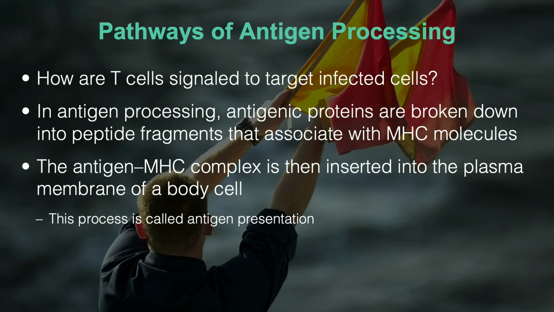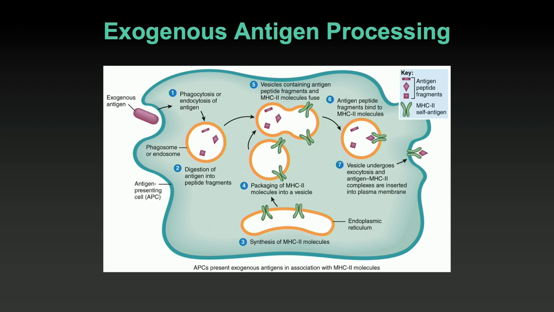This can happen in two different ways. If we have an invader, a microbe, that is traveling around outside of the body, the antibody-mediated immune response is active, it's ongoing, but we don't want to rely only on that branch of the adaptive immune system.